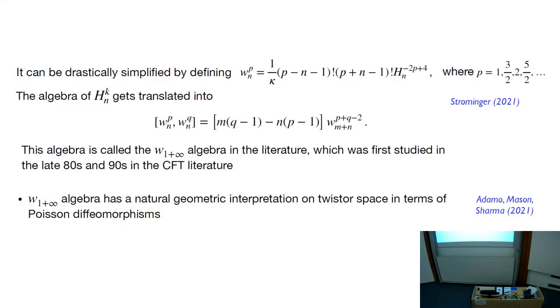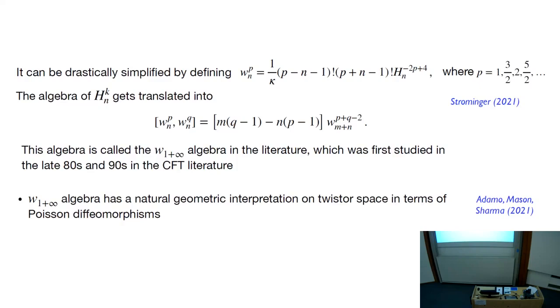The main difference, as Tim already emphasized, is that we have this range of p, which takes the value of integer and also half integer. So this is the main difference between the so-called Ham C2 and the W1+infinity algebra in the old literature. So these half-integer modes are really the new things here.